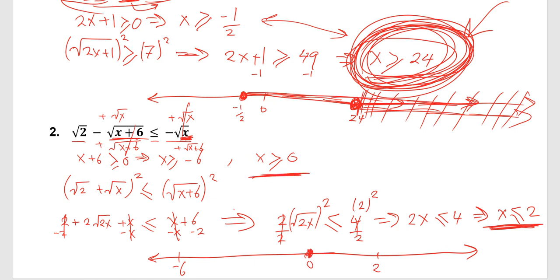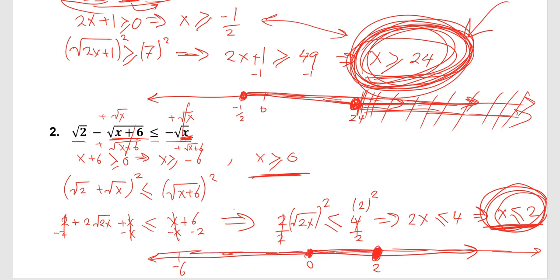So that is going to go all the way out to infinity, right? But then for the actual solution, we'll have x less than or equal to 2. So that would have gone out to negative infinity from 2, right? Actually, I can draw it down there so you can better see.